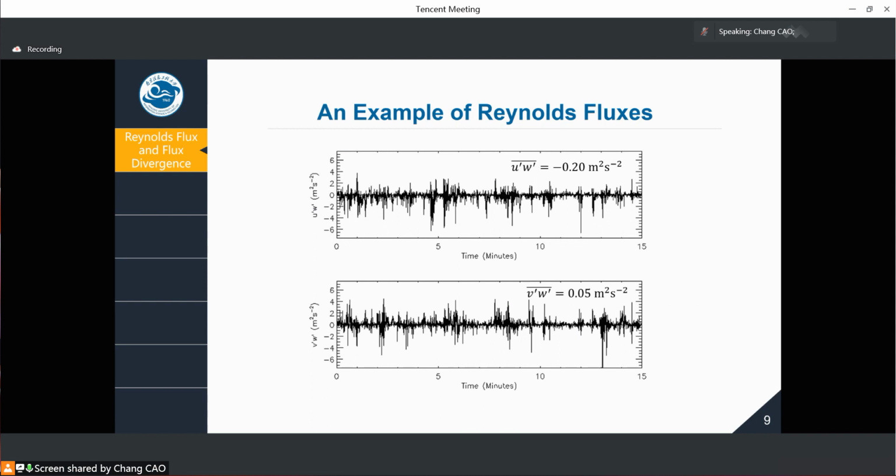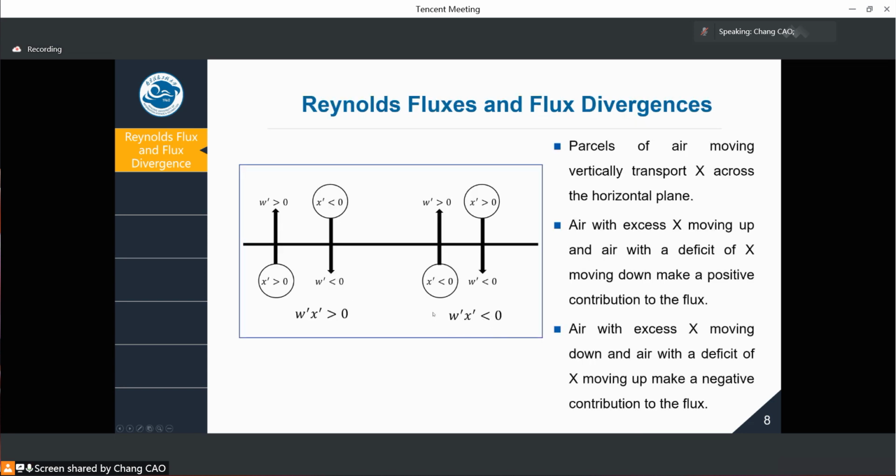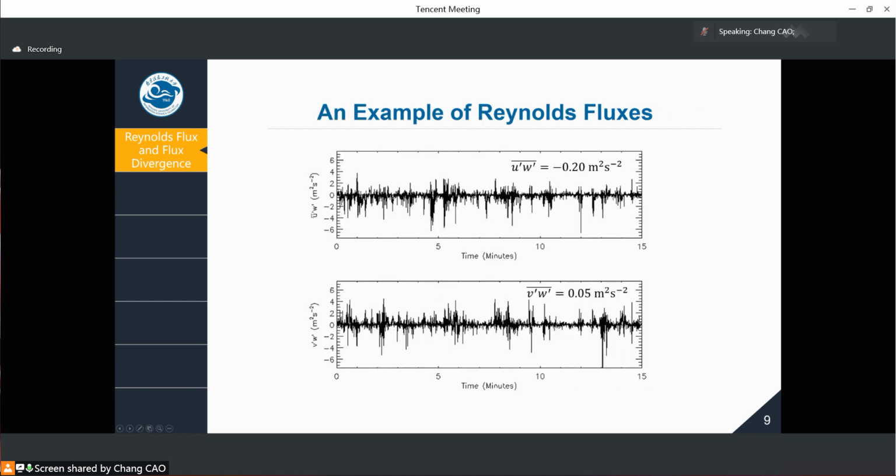But here, what you should first know is that this is a product of two parameters. In this picture, we just plot U prime W prime and V prime W prime. And if we average for the whole 15 minutes, we can get the result.